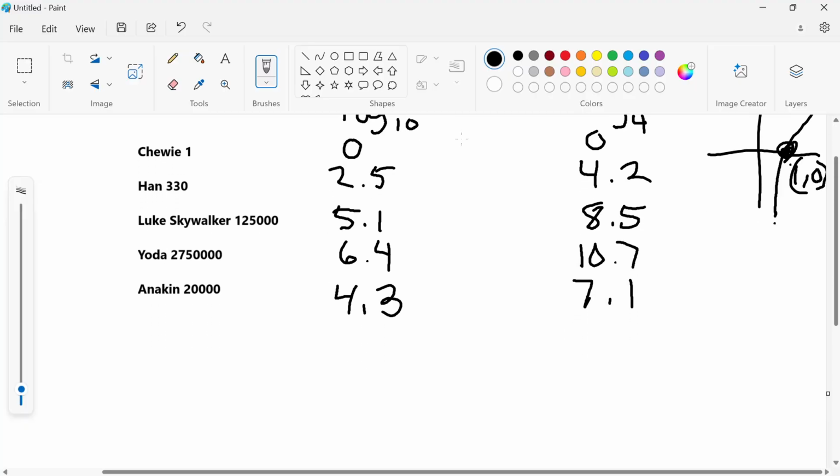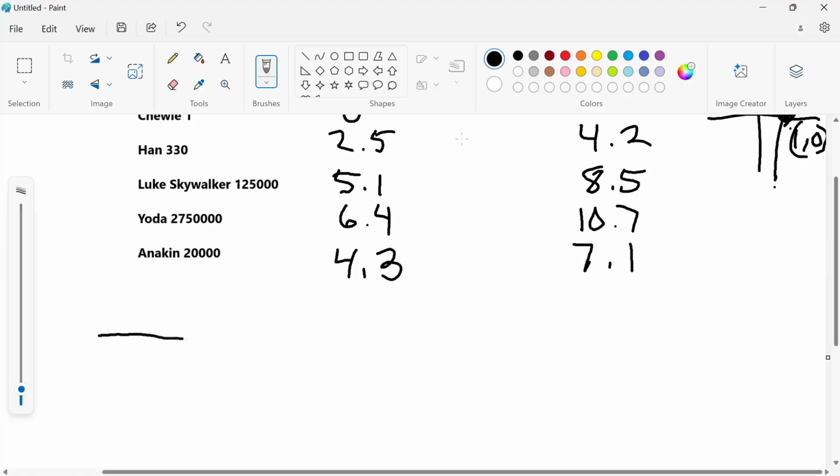So now I can draw the scales. And you're going to see that the log base 10 one is going to be more condensed. So I'll start here, and I do powers of 10.